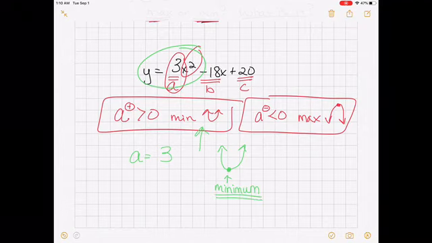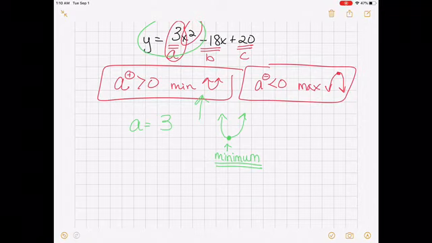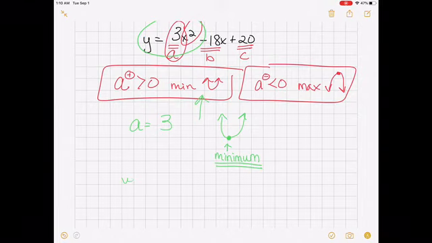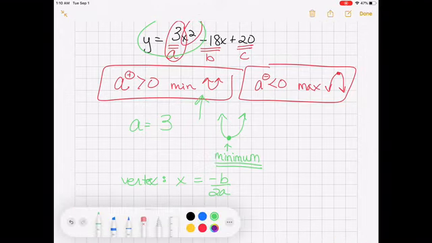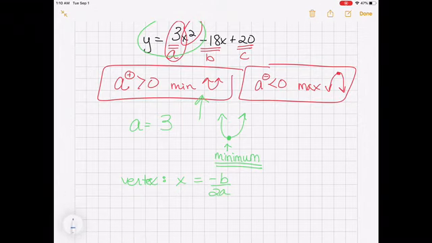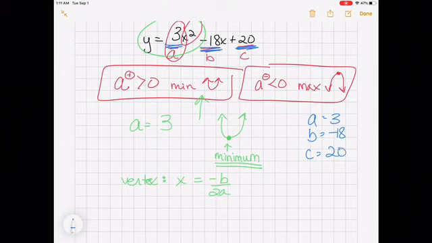Now that we know it will be a minimum value, we want to find out what the minimum value is. Remember, the minimum value is the y value of the vertex. In order to find the vertex, we first have to start with the x. Once we find x, we can find y. So let's label what we've got here: A, B, and C. A is 3, B is negative 18, and C is 20.